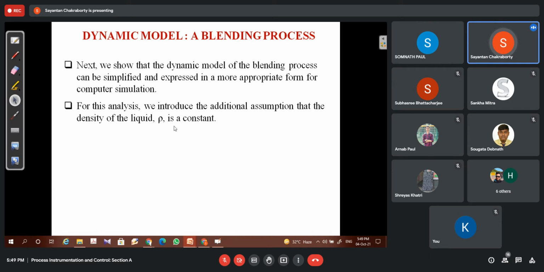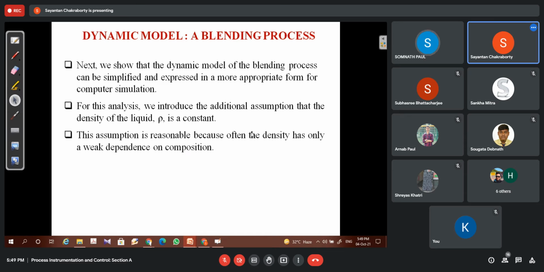We have already assumed the density of the liquid rho to be constant. This is quite reasonable because the density is often constant and very weakly dependent on the composition over the range that we are considering here.